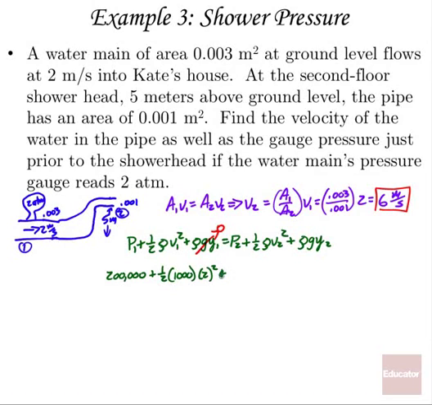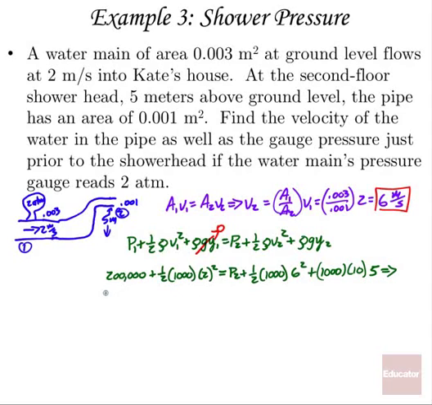That's going to be equal to P2 plus 1/2, our density again, 1,000, v2 squared, that's 6 meters per second squared, plus rho, 1,000 times g, 10, and y2 is 5 meters higher, so 5.